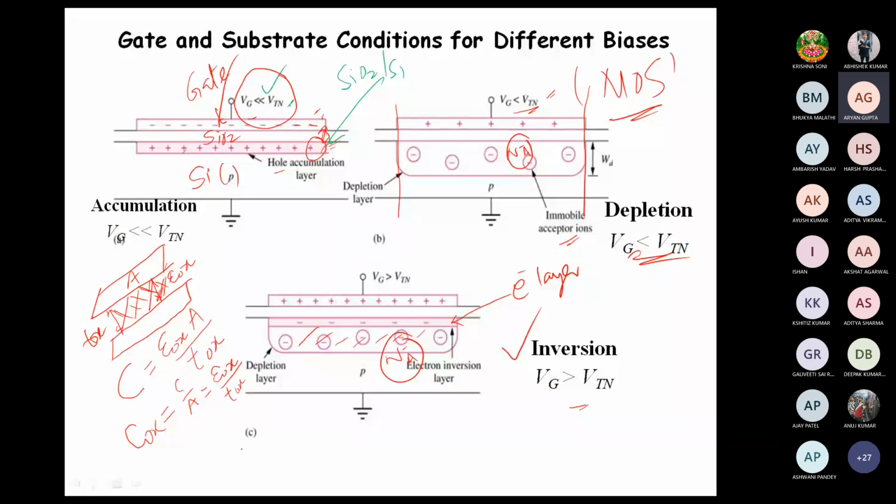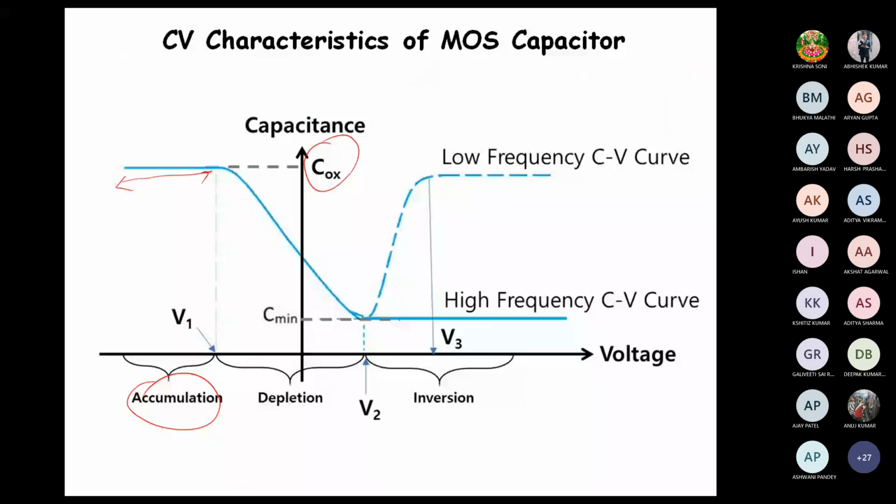In some literature, this is also written as C dash, C dash O, or C dash OX. Different representations are used. So this is COX, epsilon OX upon TOX, because of the parallel plate like action in accumulation.